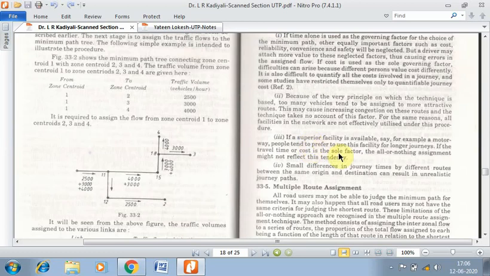So if there is any superior facility available, then with travel time or cost being the sole factor, the all or nothing assignment might not be able to reflect the tendency, right? Then the fourth disadvantage is that small differences in journey time by different routes between the same origin and destination can give us unrealistic journey paths.